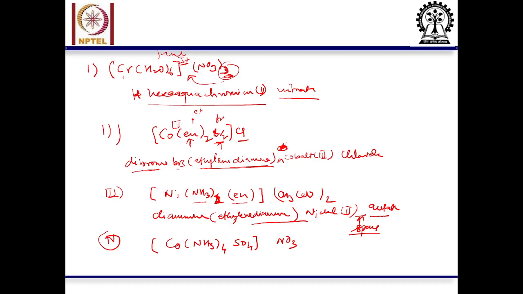Here only one space should be there. So diammine, ethylene diamine, then nickel(II), then space, then acetate. That is the correct answer. Can anyone just try for 4? Coordination number 4.